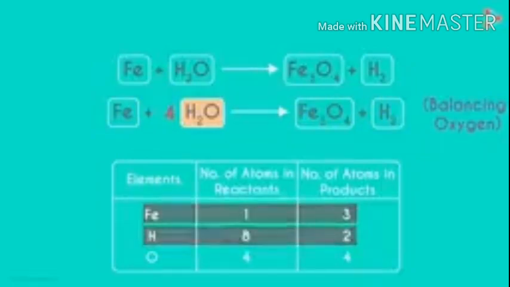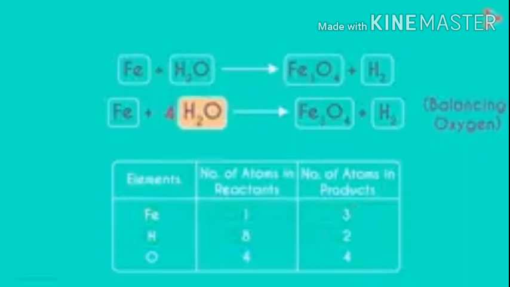Iron and hydrogen atoms are still unbalanced. To equalize the number of hydrogen atoms, make the number of molecules of hydrogen as 4 on the right hand side. After multiplying, the equation becomes Fe plus 4H2O gives Fe3O4 plus 4H2.